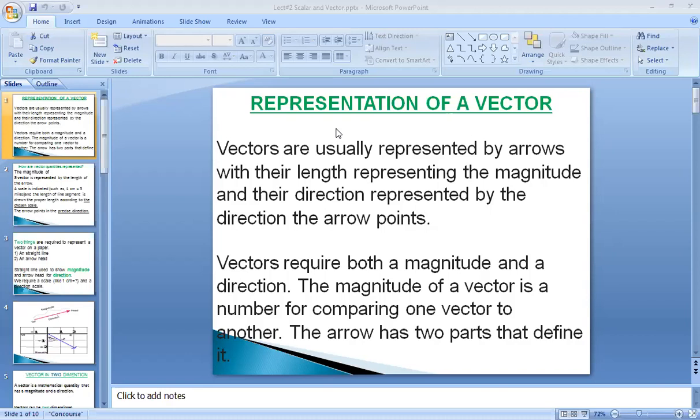In numericals, some questions are like: represent the following vector, like 20-meter distance in the east, or 30 Newton force on the body at 30 degrees along the x-axis. These questions also consist of two things, magnitude and direction.